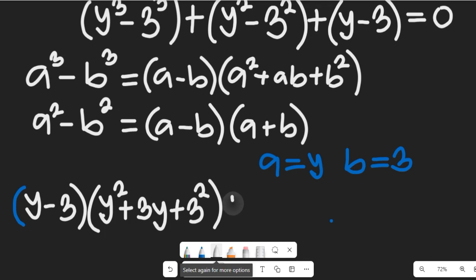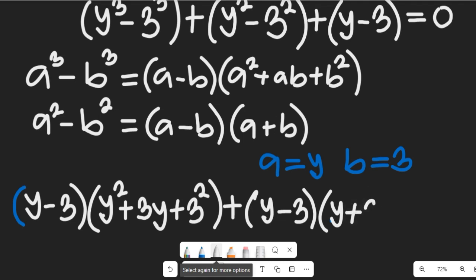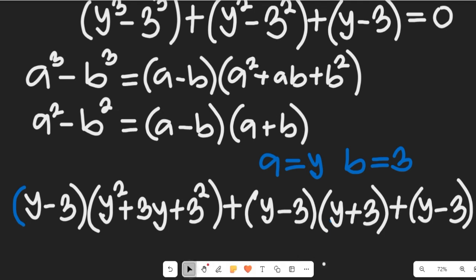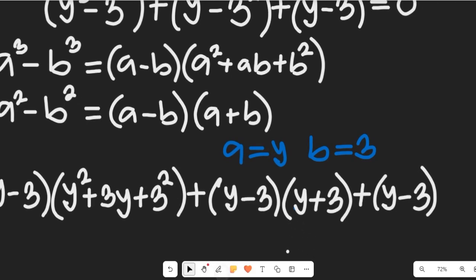And this will be plus y square minus 3 squared, which is now going to give me y minus 3 multiplying y plus 3, and that is for that. And I'll have this to be plus y minus 3, and that is for that, and all of these will be equal to 0. Great.